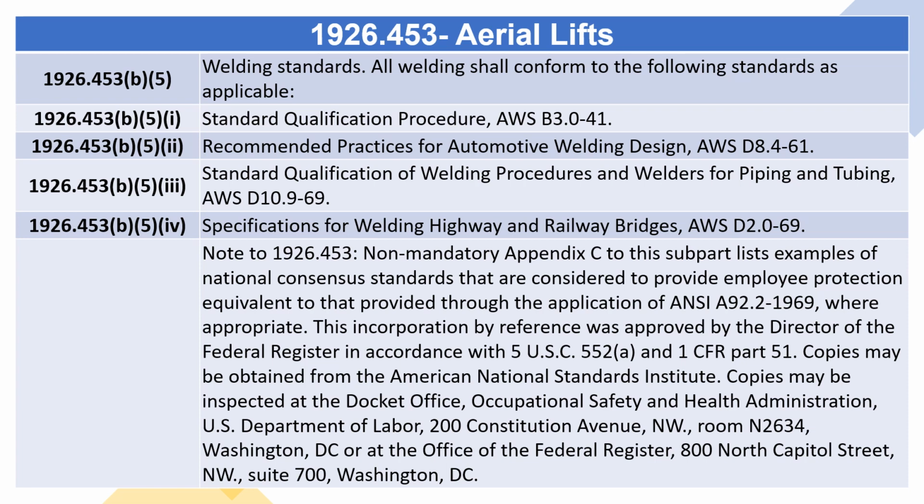Copies may be obtained from the American National Standards Institute. Copies may be inspected at the Docket Office, Occupational Safety and Health Administration, U.S. Department of Labor, 200 Constitution Avenue, NW, Room N2634, Washington, D.C., or at the Office of the Federal Register, 800 North Capitol Street, NW, Suite 700, Washington, D.C.